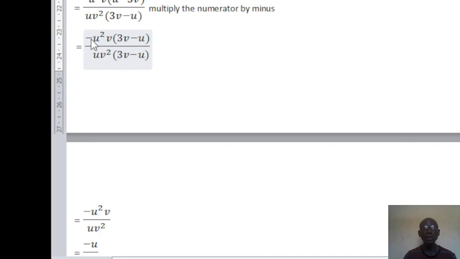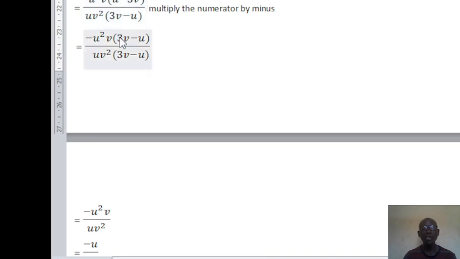We use the minus to multiply the numerator, so that minus times minus gives you plus 3v. That is the reason why v comes to the front. Minus times plus here, with this u, you have a minus.